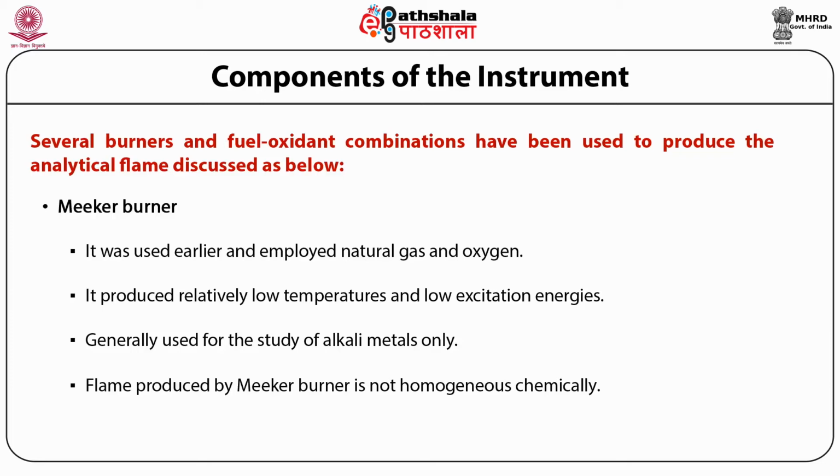It means that there are different regions in the flame, that is, an oxidizing region and a reducing region. As the processes leading to atomic excitation in the flame differ in the oxidizing and reducing regions, different concentrations of excited atoms are obtained in these regions.